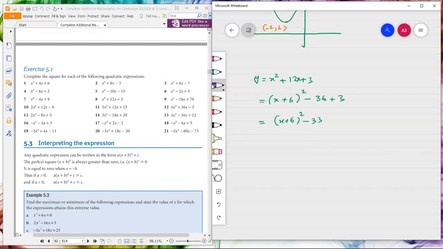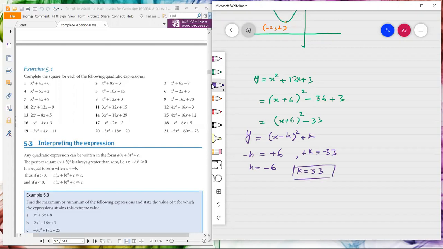Write down the standard form of complete square, x minus h whole square plus k. So minus h is equal to plus 6 and h will be minus 6, while plus k is equal to minus 33, so k is equal to minus 33. So h is equal to minus 6 and k is equal to minus 33.